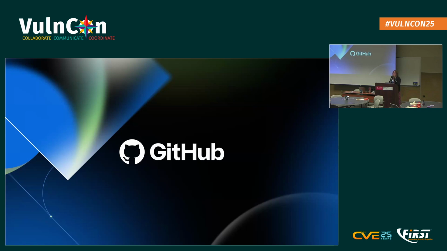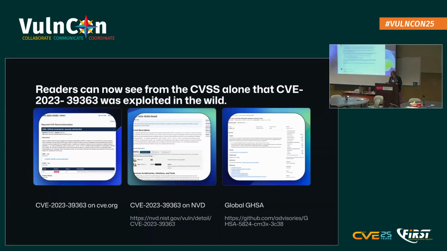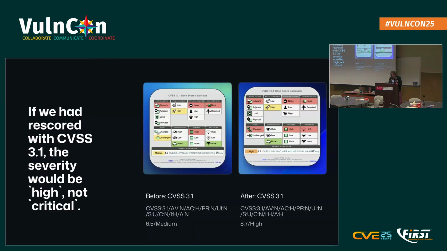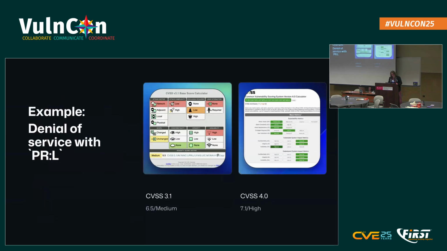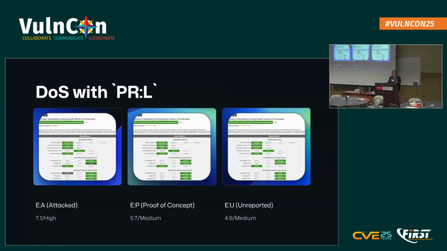A pretty common example is the authenticated denial of service vulnerability that I showed earlier, where folks would be expecting to see something that's moderate, but if we have a proof of concept but no proof of exploitation in the wild, assessing it as high severity to a lot of people would be an overscore because they're expecting to see medium based on their experience with CVSS3.